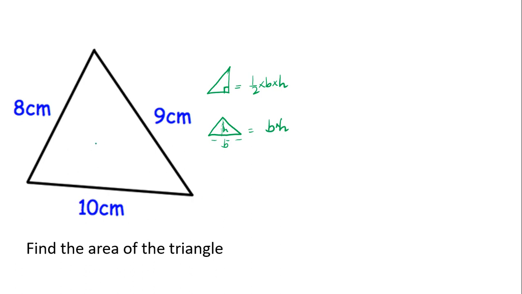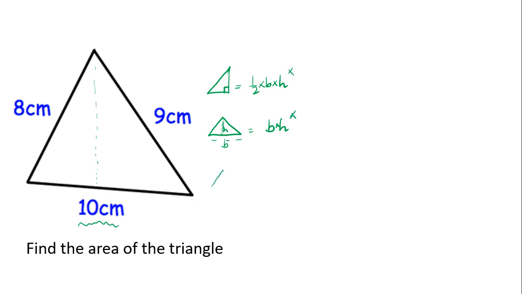But if you look at this particular example, I do have a base, but I don't have a height. And it's not that easy or straightforward to find out my height. Therefore, I cannot be using this formula. And I obviously cannot use this one as well.